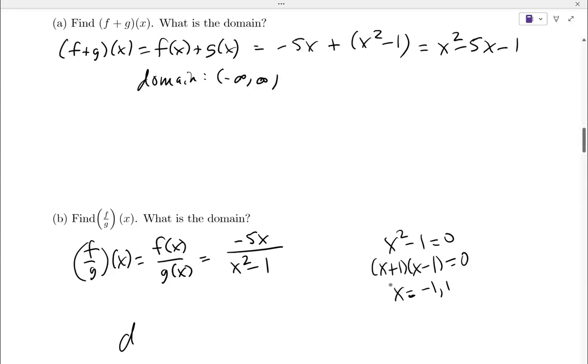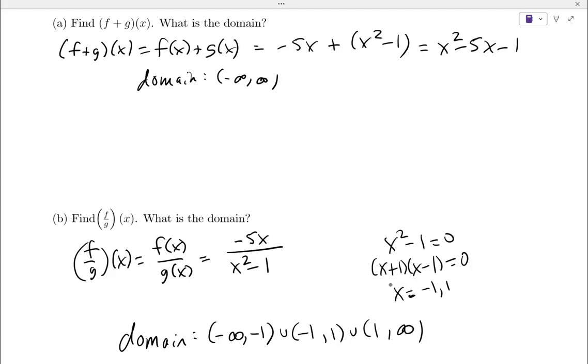So what's your domain going to be if those are the numbers that x can't be? How do we write it in interval notation? Good. Right, we need to delete the negative 1 and the 1 out of the minus infinity to infinity. So we write it as a union of those three intervals.